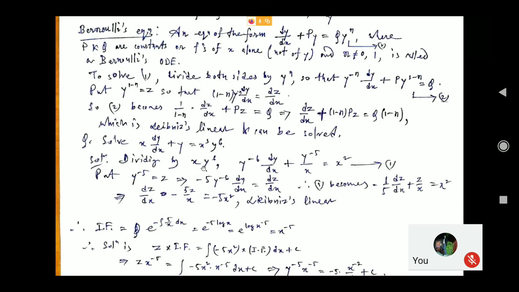So we have divided by x into y to the power 6, so that we can put it into Leibniz's linear equation.